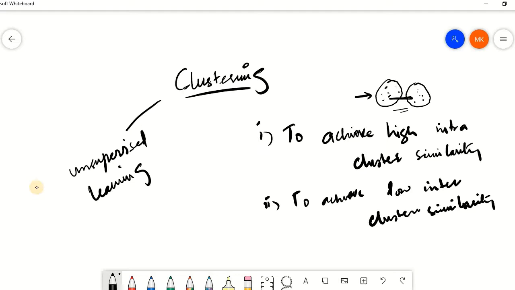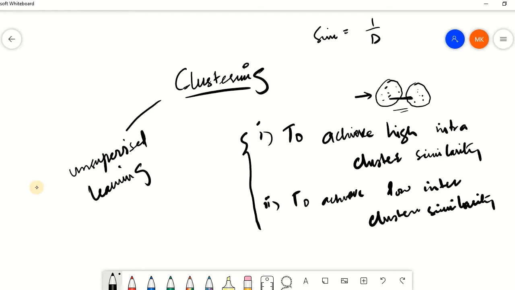In case we use a distance measure in order to identify this similarity between any two points, similarity can be 1 over the distance measure. So whatever the distance measure that we use, the more the distance between two points, the less similar they are, and the shorter the distance, the more similarity they have with each other.